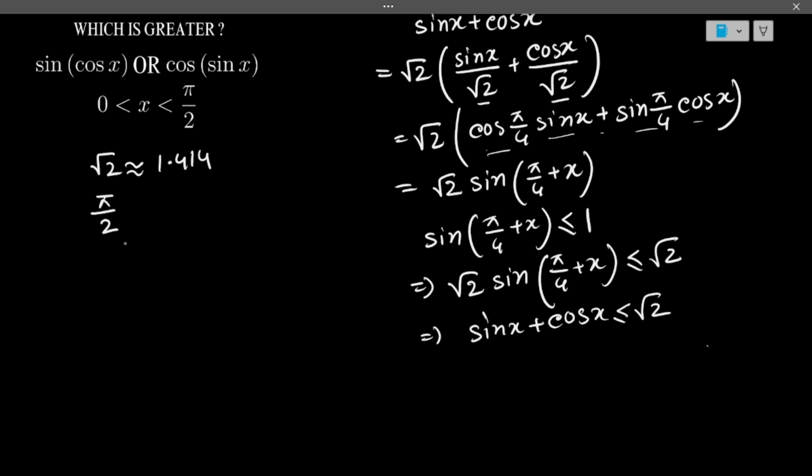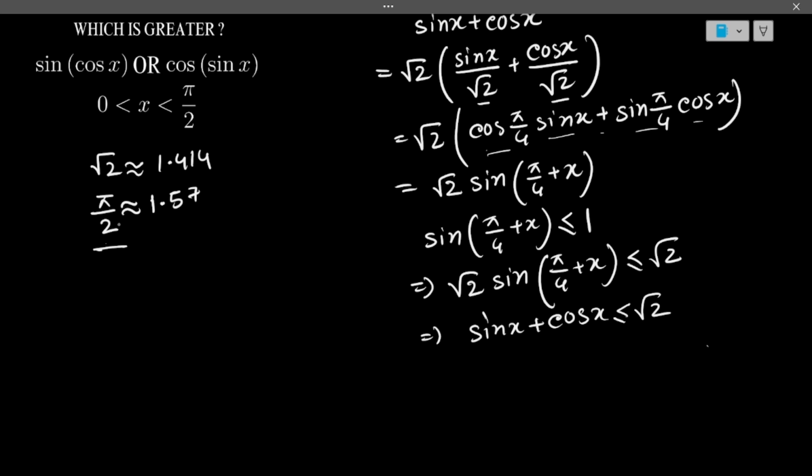The approximate value of pi is 3.14, and if we divide it by 2, the approximate value of pi by 2 will be 1.57. So do not confuse between the angle and numbers. This is also a number.